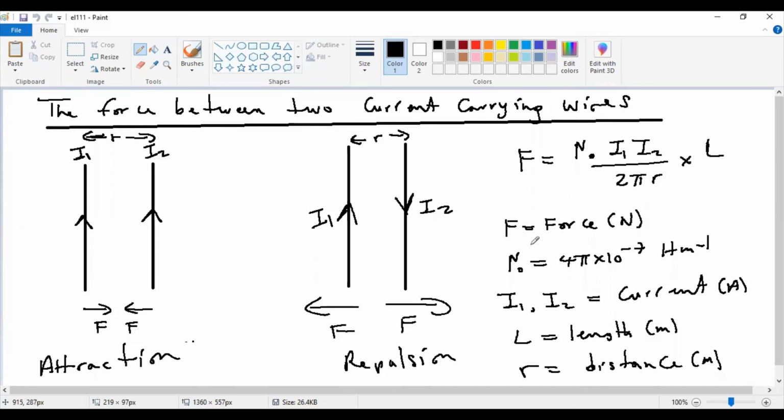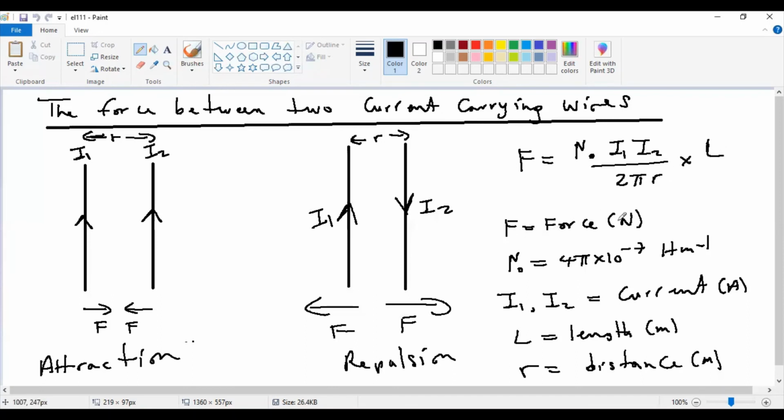Once we know the current in both wires, the distance between the two wires, which is r, and the length of the wires, we can calculate the force. So F is equal to mu naught times I1 times I2 times L, all divided by 2 pi r.